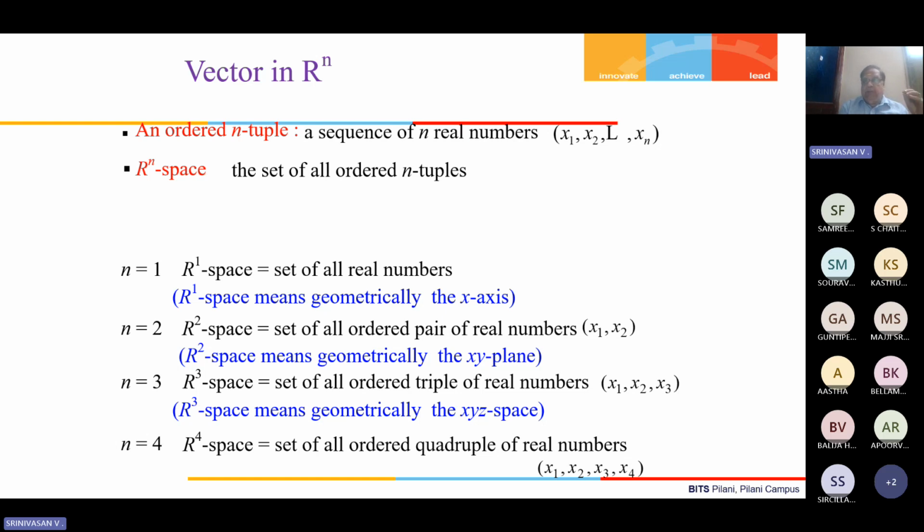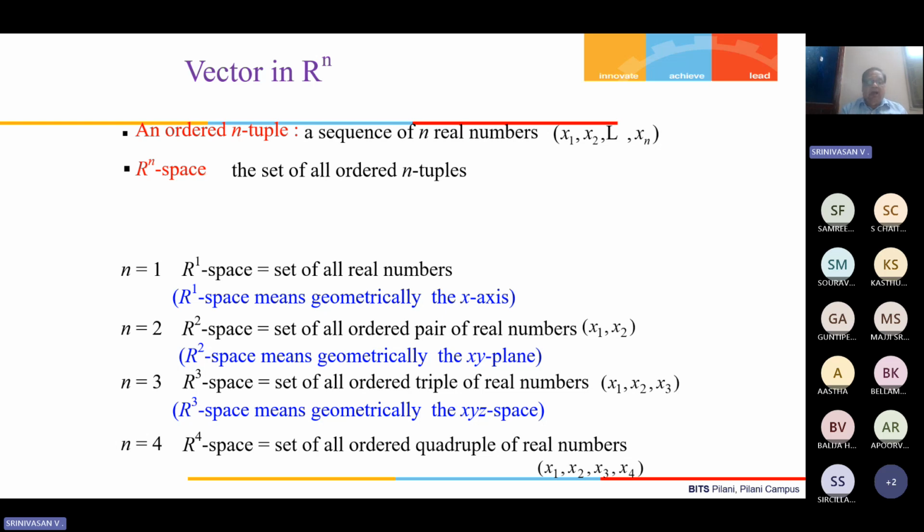Three mutually perpendicular axes. So the point has OA equal to x1, OB equal to x2, and OC equal to x3, which are all measurements along the OX, OY, OZ axes. Is it right? So you have a point having three coordinates, which you call an ordered triple, a three tuple.